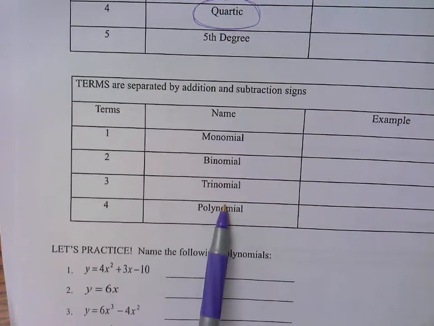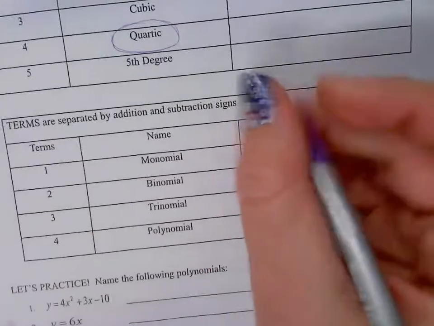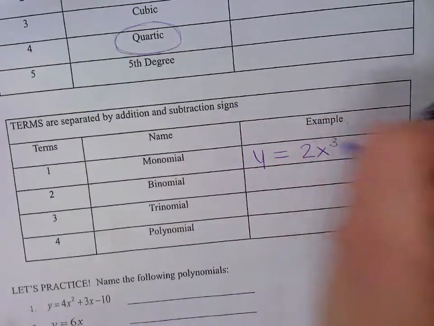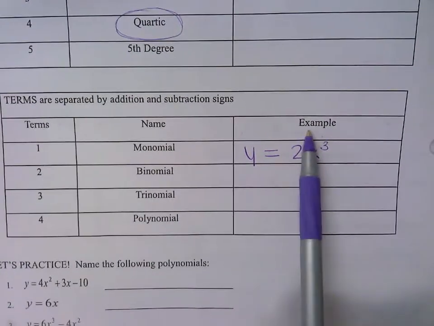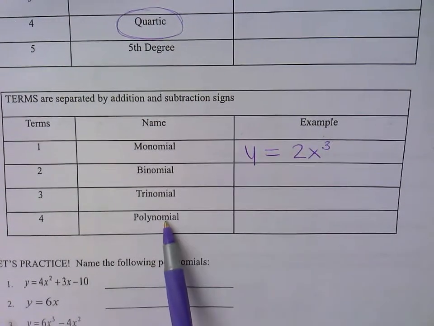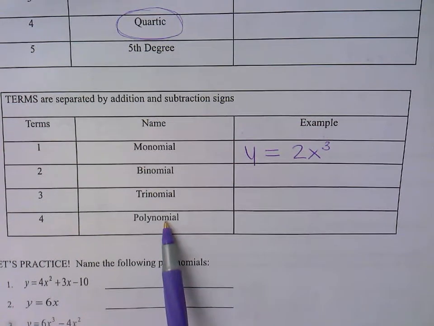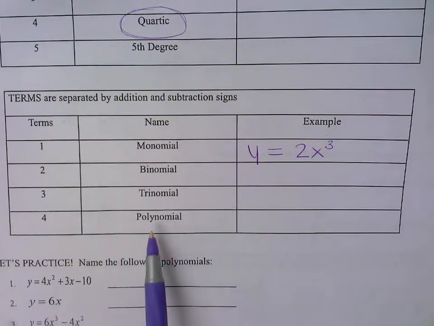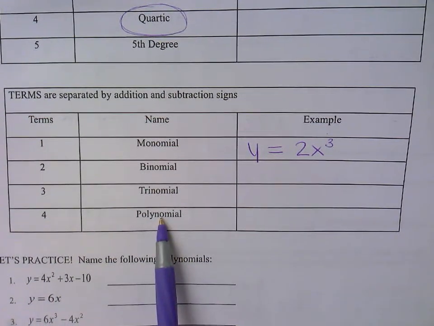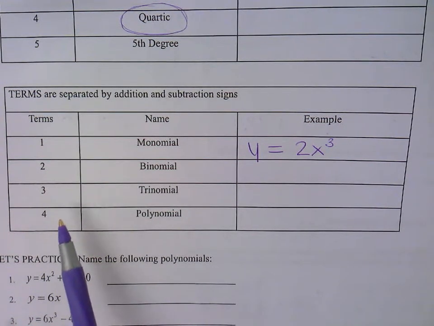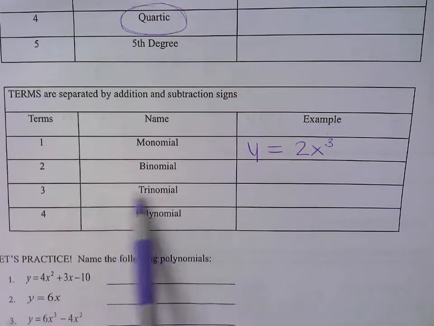Because even this, like y equals 2x cubed, there's only 1 term there, but that's called a monomial, and it falls under the family of polynomials. So poly doesn't have to mean more than 1, right? It just means that it falls in the family, but in this case, they're using polynomial to mean 4 or more terms. So it's kind of used 2 different ways. So don't let that confuse you.